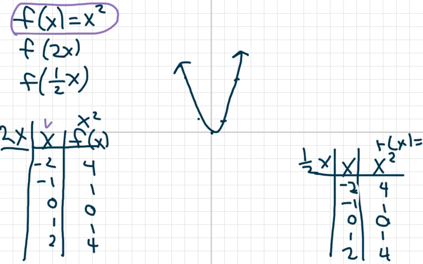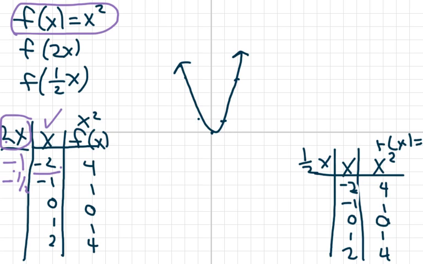Well, I put the x here, but when I write 2x here, I need to put an x in here so that 2 times that x is negative 2. So what I'm going to write here is negative 1, because 2 times negative 1 is negative 2. Here I'm going to put negative 1/2, because 2 times negative 1/2 is negative 1.